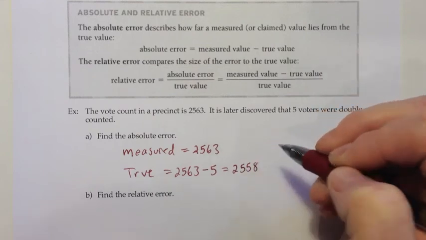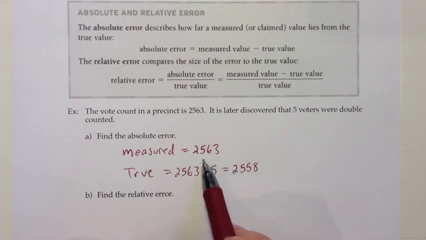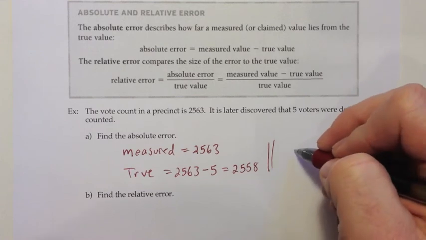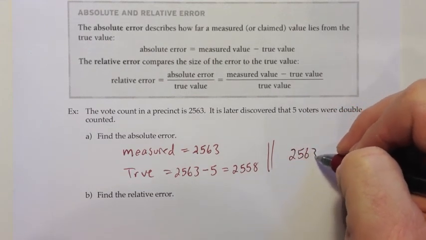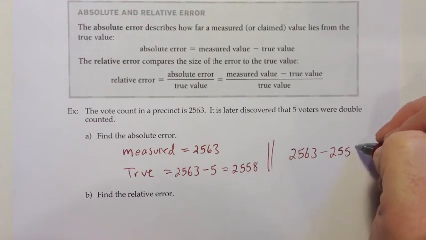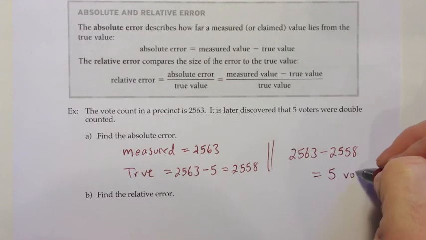So if 5 votes were double counted, this is how many people really voted, but because 5 extra votes were counted, they measured it as 2563. So the absolute error is just that difference, and it would be measured minus the truth. And of course that just gives us the error they were talking about right there, which is 5 votes.